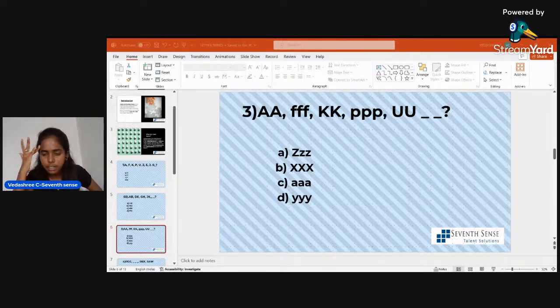Okay, Z, Z, Z. Okay, Raghu. Good. So what is the logic? What is the logic behind the series? Z, Z, Z is the correct answer.